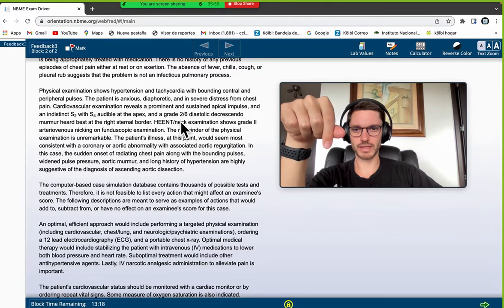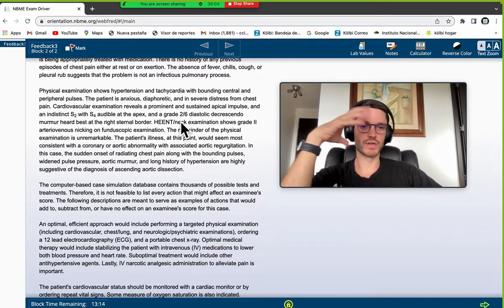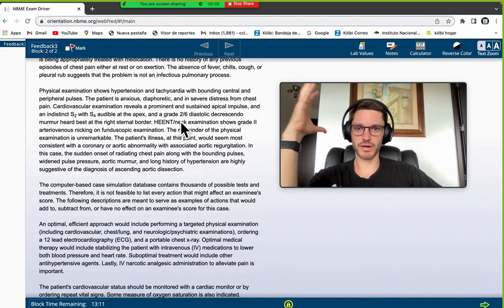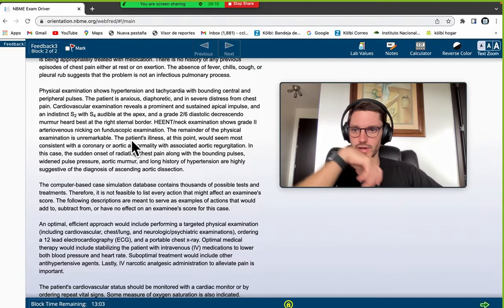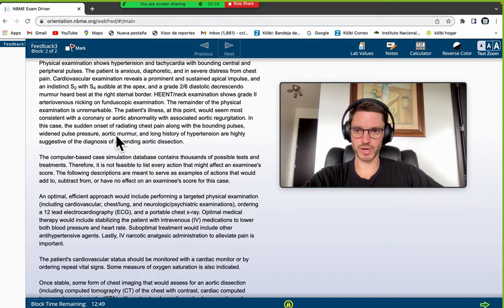What it actually meant was all this upper otorhinolaryngology: ear, nose, throat, and head. So that was what we had to ask for. The remainder is unremarkable. This would seem most consistent with coronary or aortic abnormality. Correct. Okay. In the widened pulse pressure we talked about, there it is.